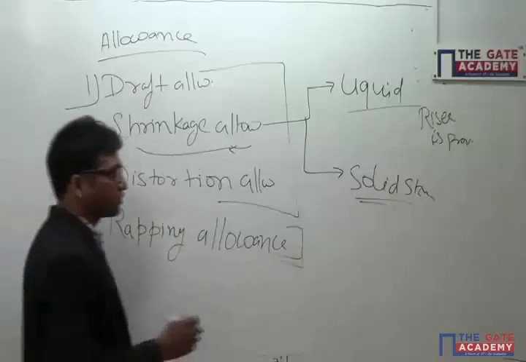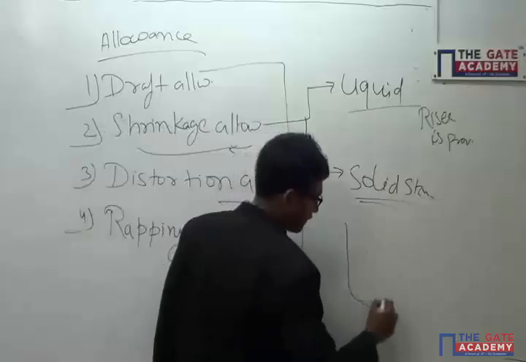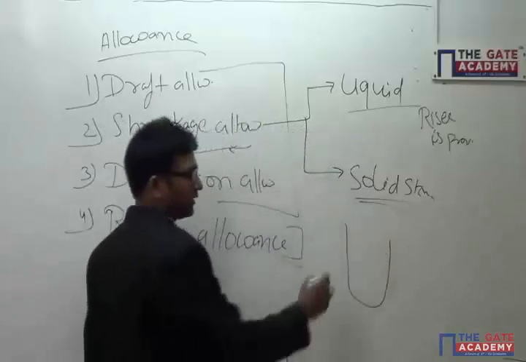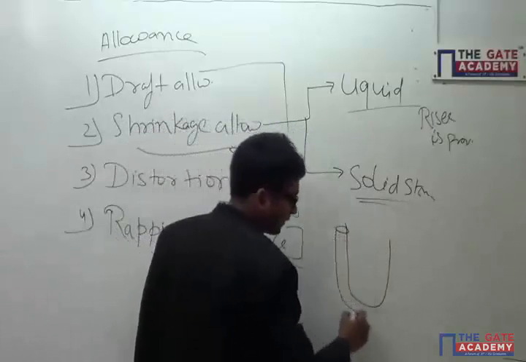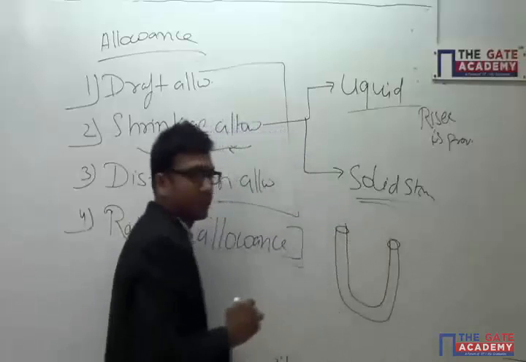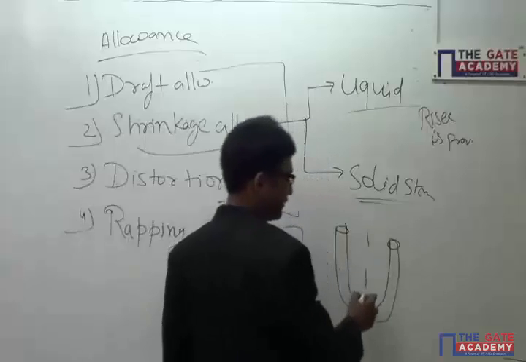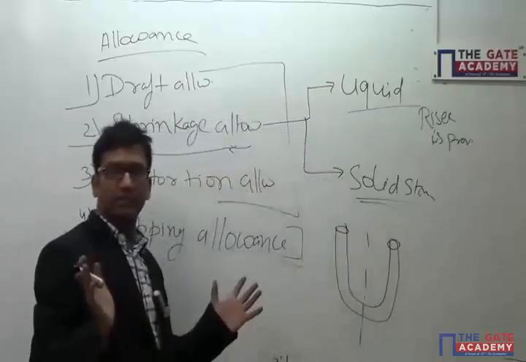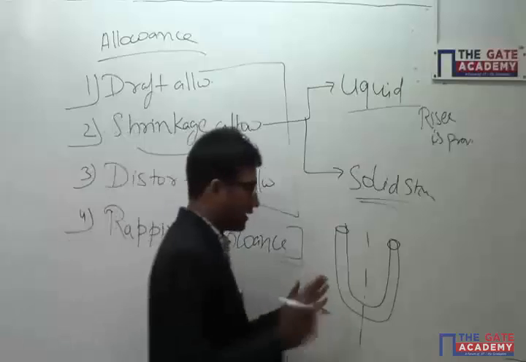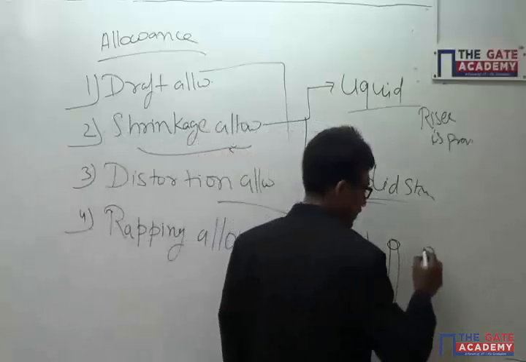The third one is distortion allowance. It means if you want to create this kind of geometry, this kind of pipe, by casting process, you cannot generate it. Why? Because along the center position, this material always tries to get distorted, so you will get this kind of geometry.